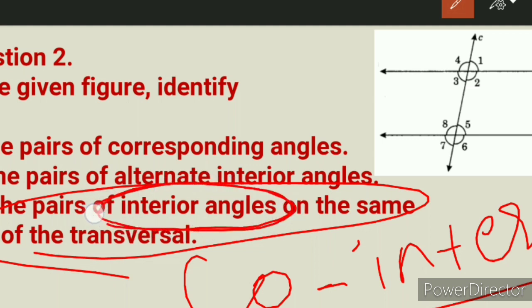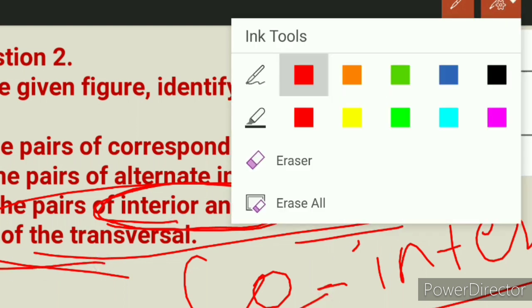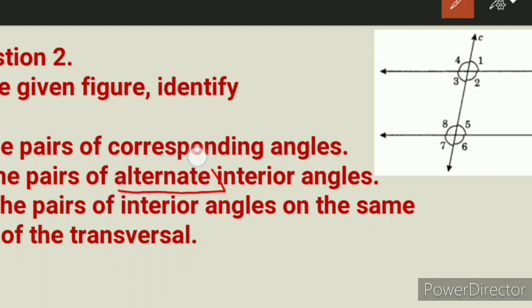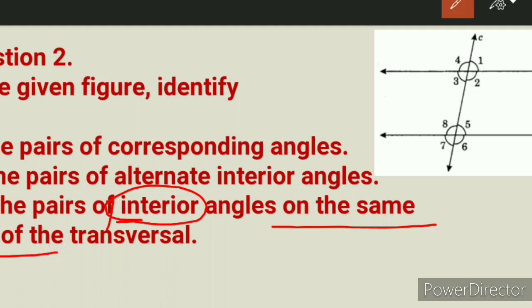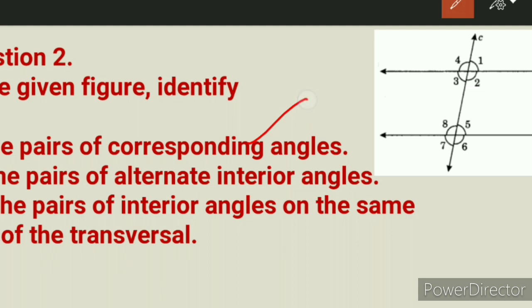They will only mention interior angles on the same side, meaning co-interior angles. Got it? Here for alternate interior angles they mention the word alternate, but for co-interior angles they will not mention co, just interior angles on the same side of the transversal. So we should find 3 things now: corresponding, alternate interior angles, co-interior angles.